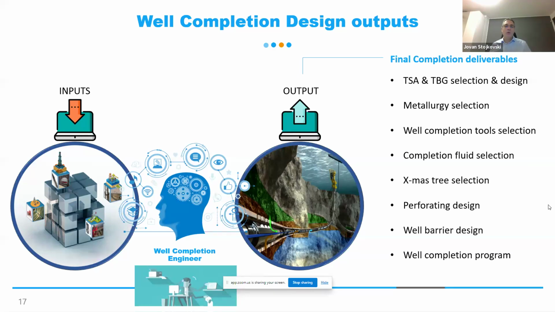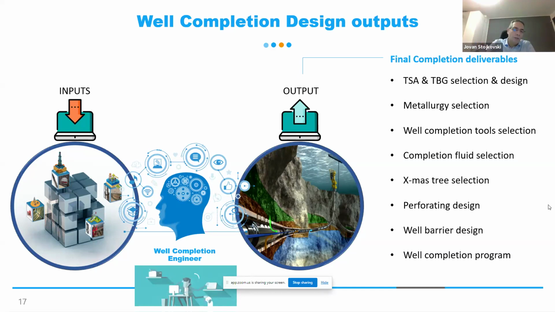To do all of this, you need to go through several deliverables, as I state here: tubing stress analysis, tubing selection and design, metallurgy selection, well completion tool selection, completion fluid selection, Christmas tree selection, perforation design, and well barrier design.